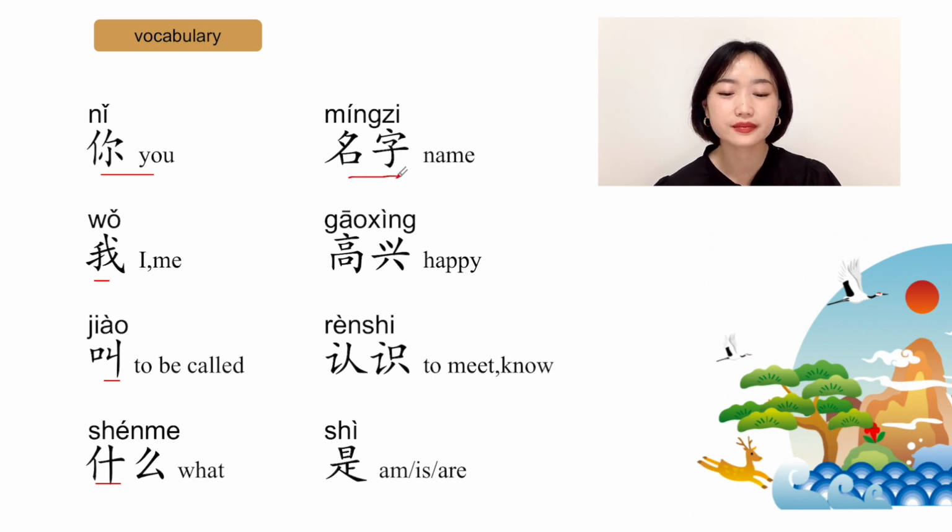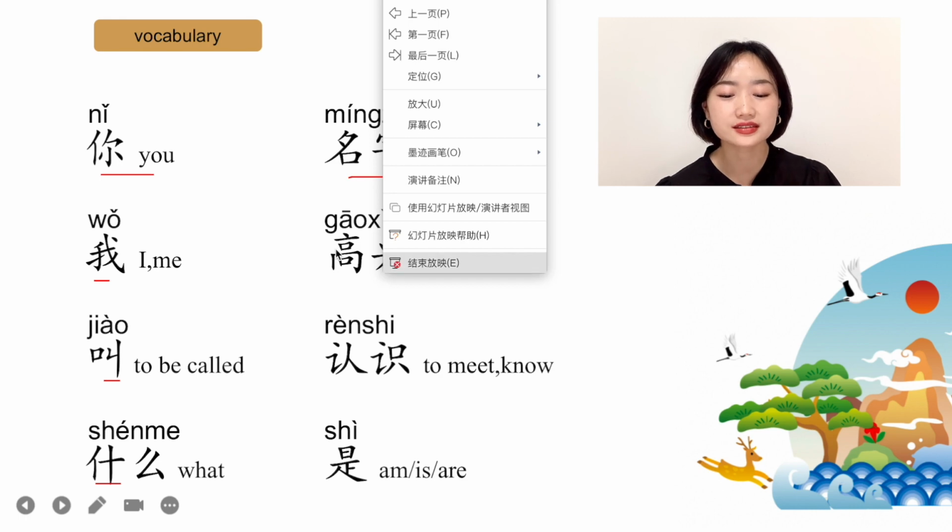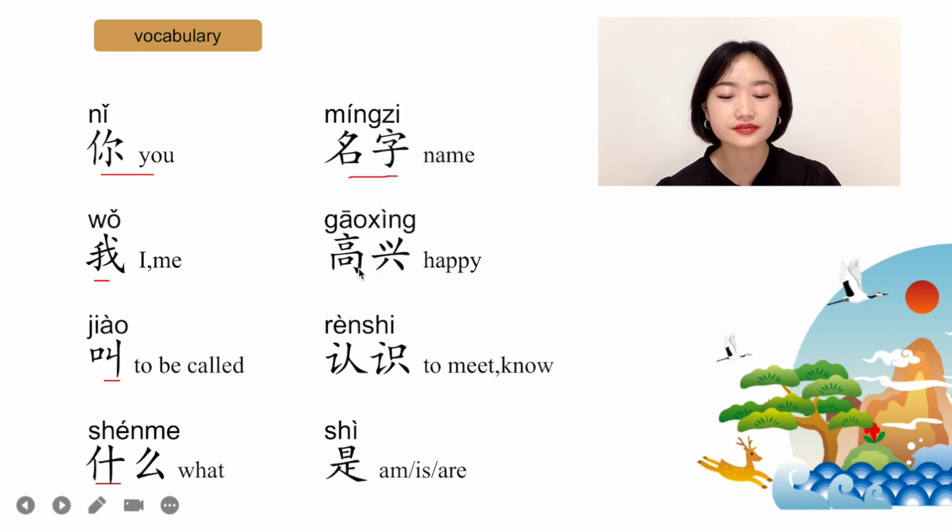Name? 名字. Happy? 高兴. To meet, to know. 认识. And am, is, are. 是.